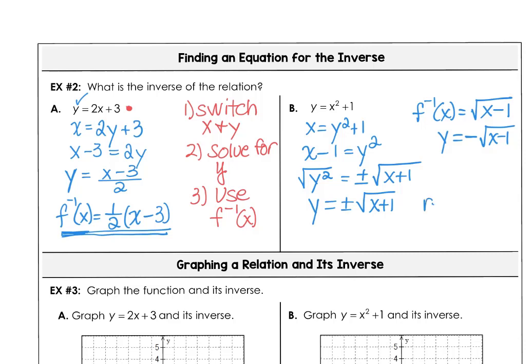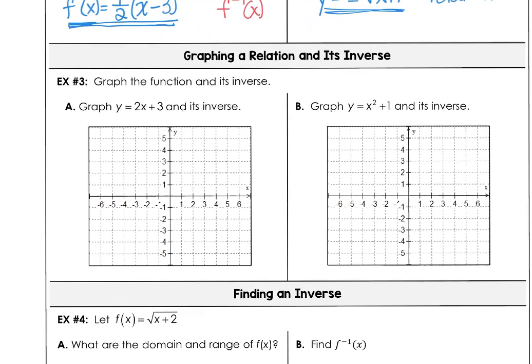This is a relation only when we leave our answer like this. It's not an inverse function. This is the inverse function up here, and it's going to have some domain restrictions. We'll see that in our next example.